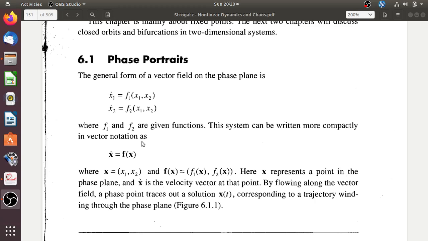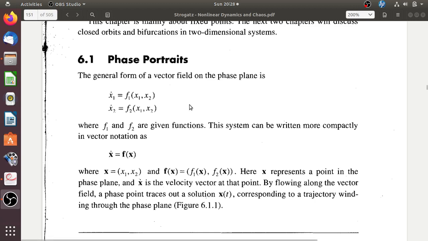So that's what we are interested in. For a given initial condition, we need to know for the next time step what my x1 and x2 are, and after a while what my x1 and x2 are.